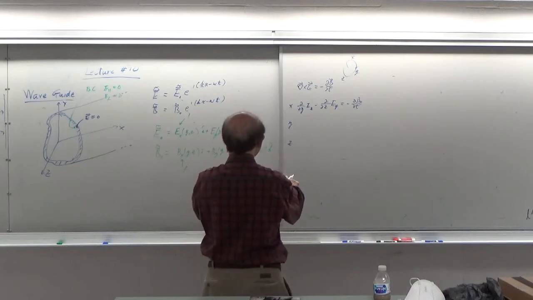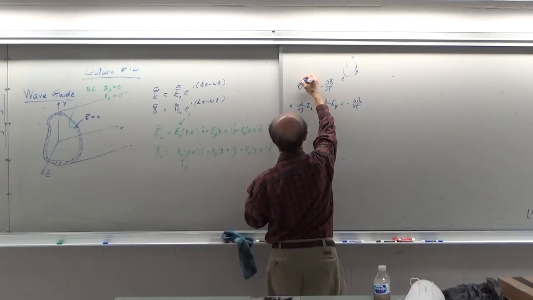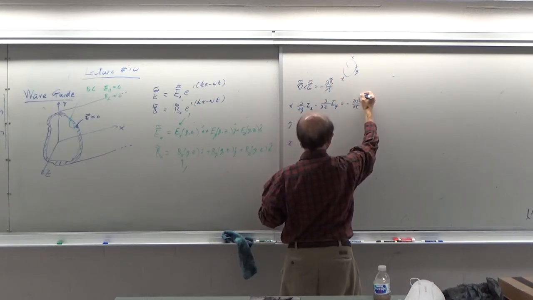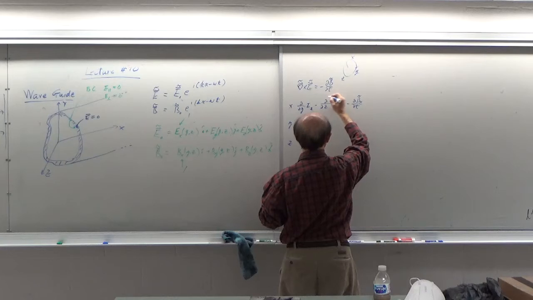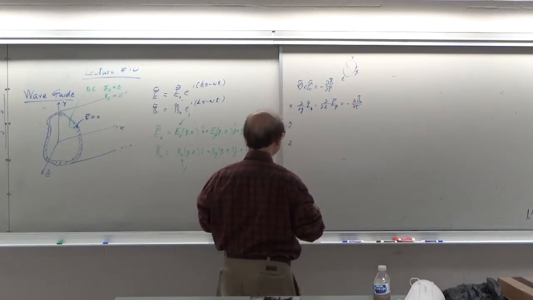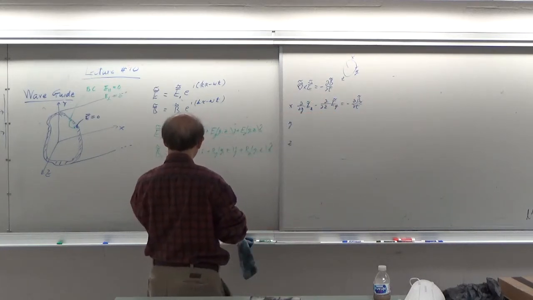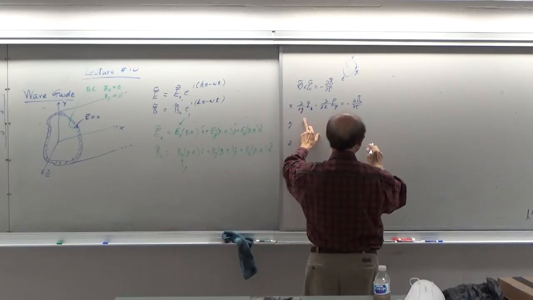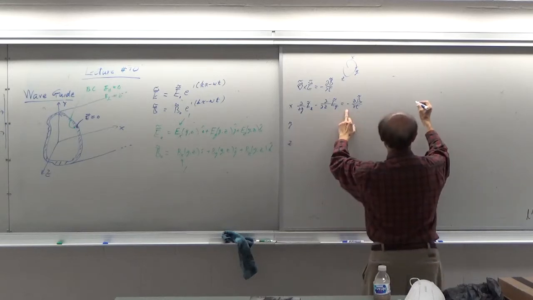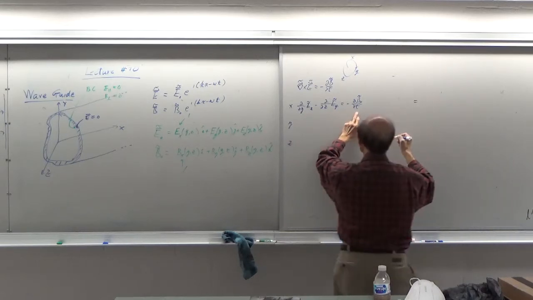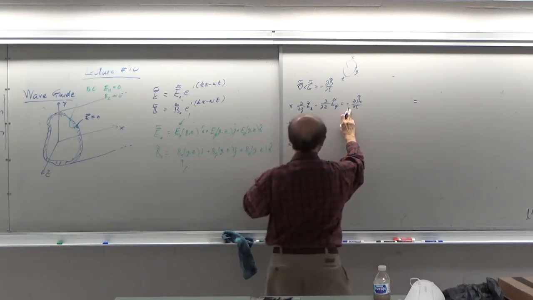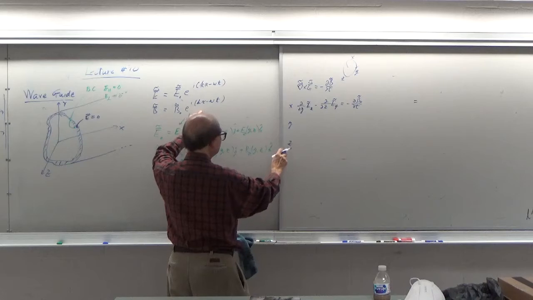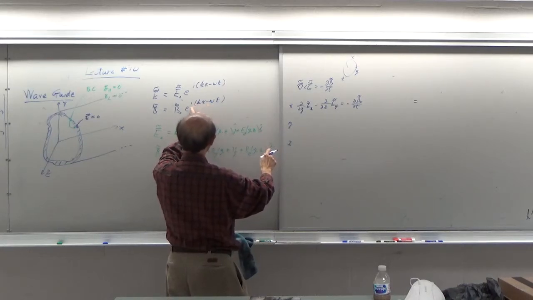In fact, let's be careful. Let me complexify this whole thing, like this. On the right-hand side, del by del t will bring down a factor of minus i omega.